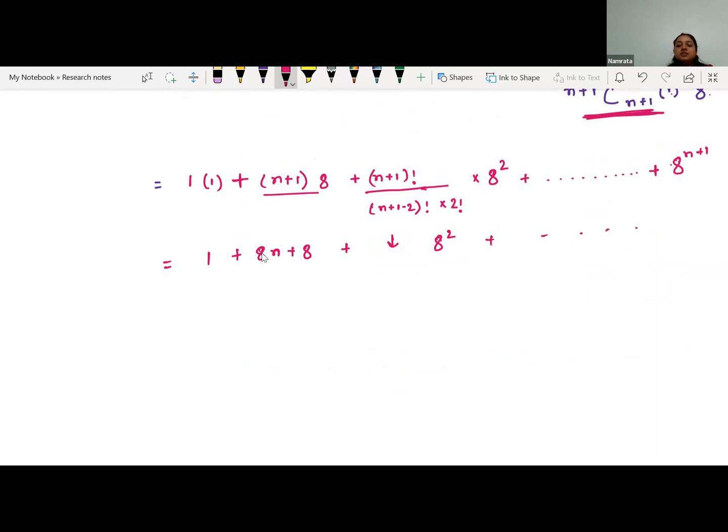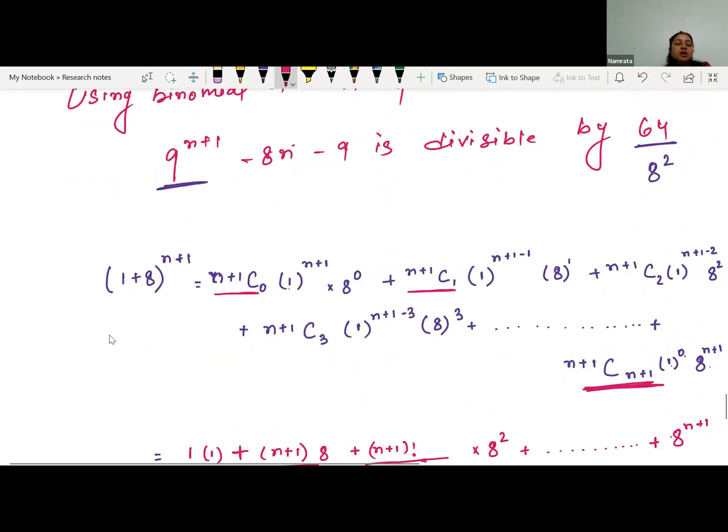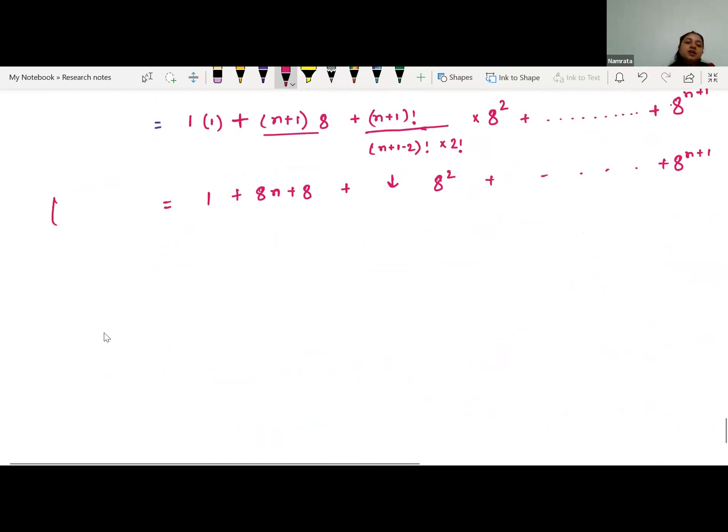Plus, if we feel that we have to expand this also, we will, but let's see whether we can go ahead without expanding. I have written 1 plus 8 to the power n plus 1, right? Yes, ma'am. So here 1 plus 8 to the power n plus 1 means it is 9 to the power n plus 1. We have expanded this only as this, right?